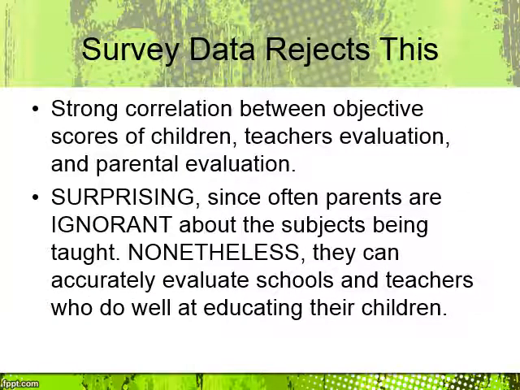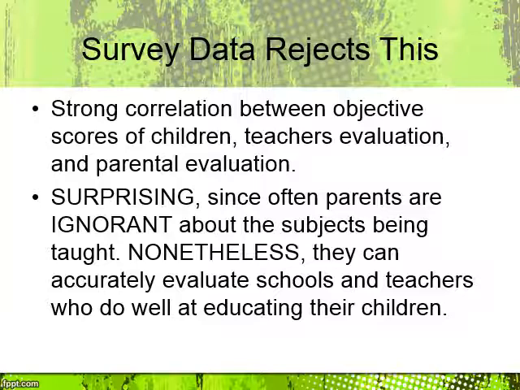The survey data rejects this hypothesis because they test the child's performance in school, the parental evaluation and the teacher evaluation, and they all match. If the parent thinks the child is bright, the scores of the children are high, and the teachers also think they are bright. So it is not that the parents misjudge.